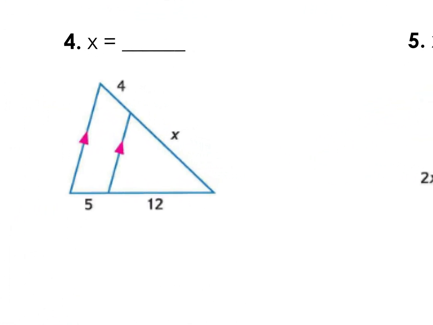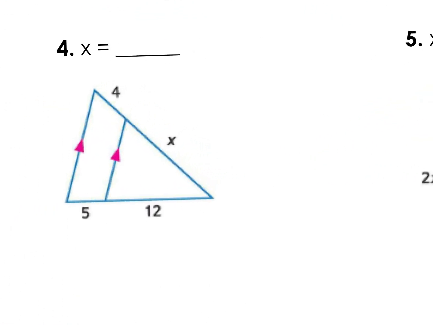Question 4, we want to solve for x. We have 2 triangles here. We've got this triangle here, and we've got this larger triangle here. So I can set up my ratio a few different ways. The way I'm going to do it is the ratio of x over 12, that is to say the sides of this purple triangle, must be equal to the ratio for this orange triangle.